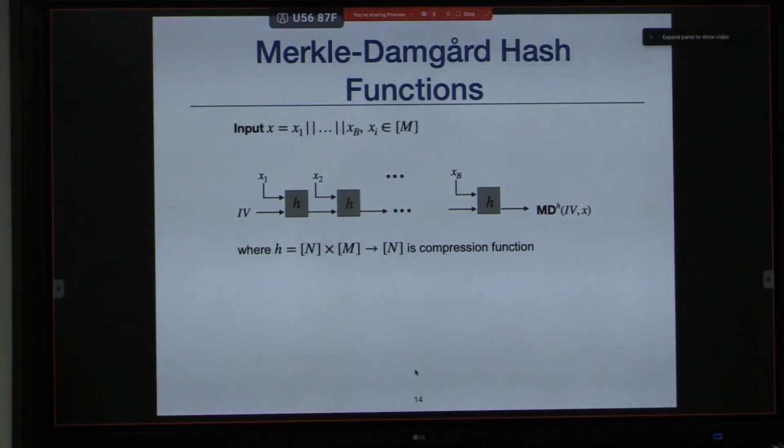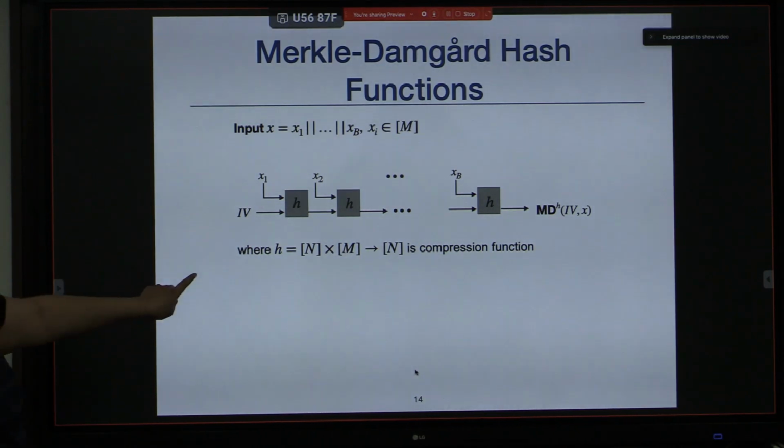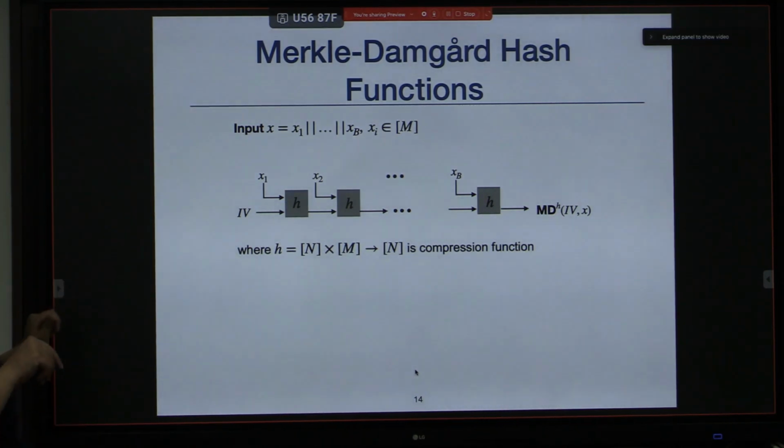Say you have an input x, you break it into blocks of fixed size. If one of the input domains of this compression function is [m], you break it into that, and then you iteratively apply this compression function on these blocks. Whatever output you get, that is the output, and that is the hash.